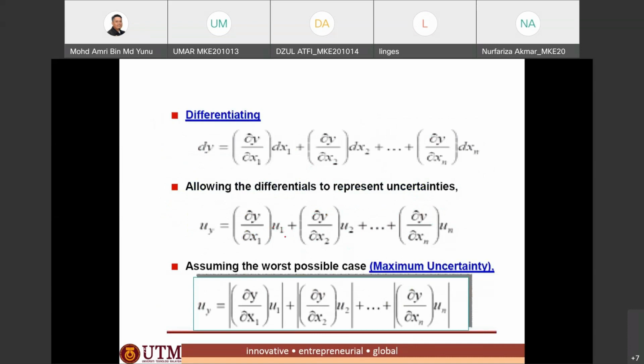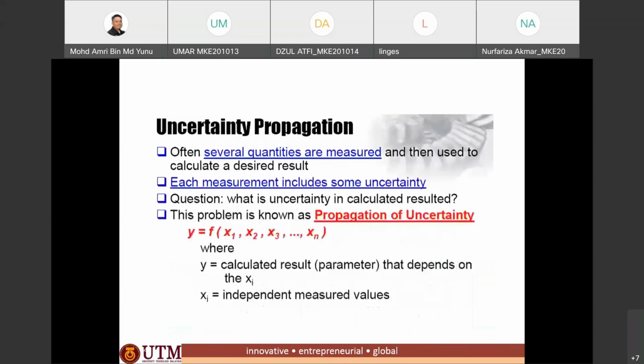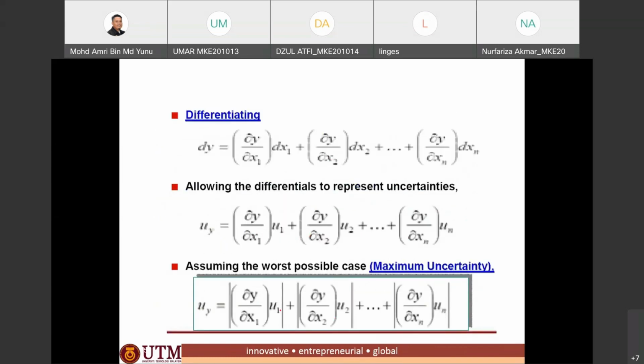Then we can calculate the maximum uncertainty for the calculated value based on this formula, by first differentiating each independent variable, and then multiplying the independent variable with its uncertainty, and finally we sum all of them to get the worst case possible maximum uncertainty.